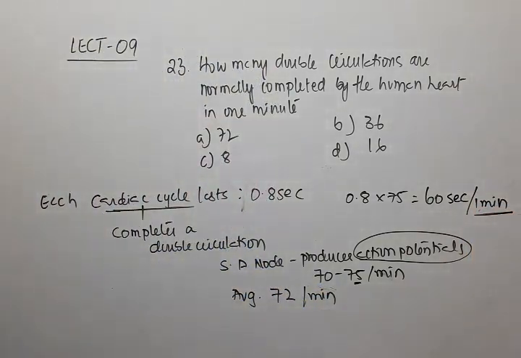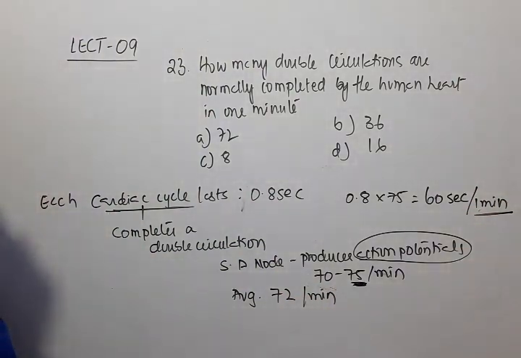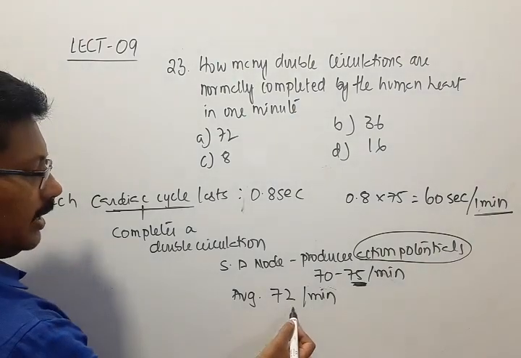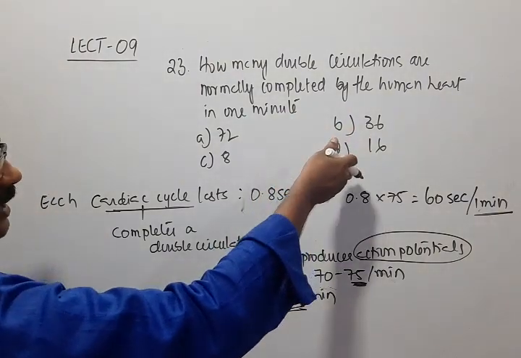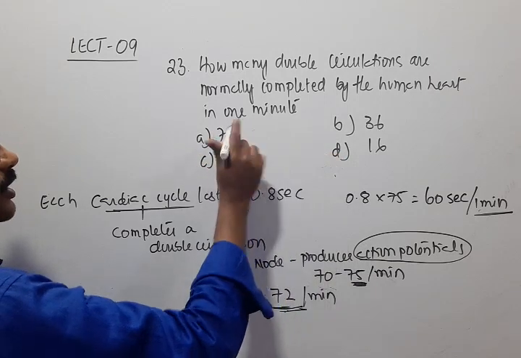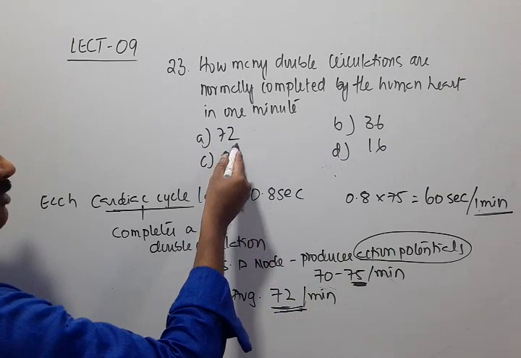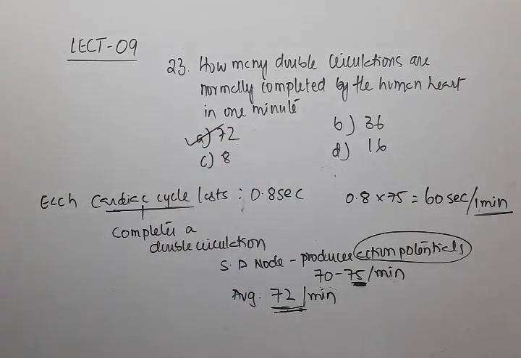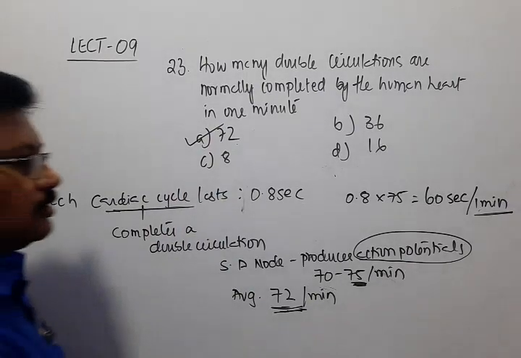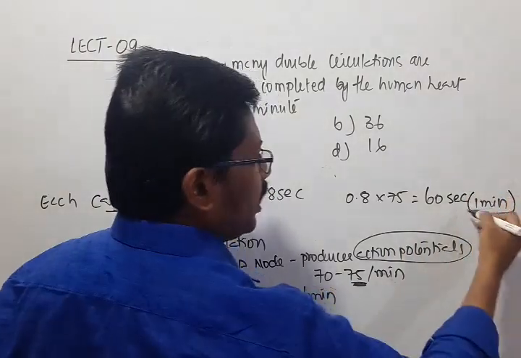So in 1 minute there are 75 beats, and we have taken the average 72. As we don't have 75 here, the nearest value, the average value they have given, is 72. So hence the answer is 72.